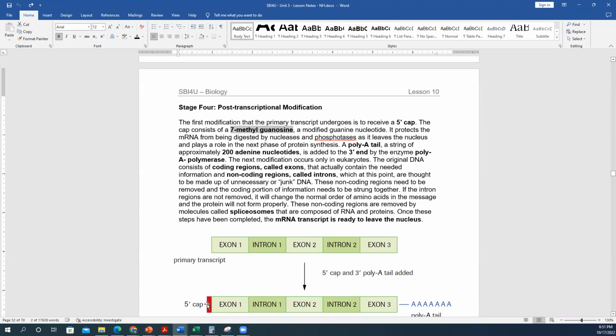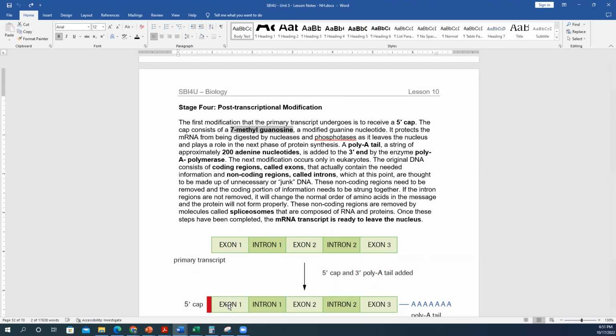We call that a 5' cap. This is a modified guanine nucleotide, and its job is to protect the mRNA from getting digested by the nucleases and the phosphatases as it leaves the nucleus and goes out into the cytoplasm. And this also plays an important role in the next stage of protein synthesis.